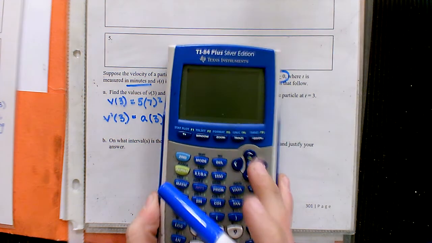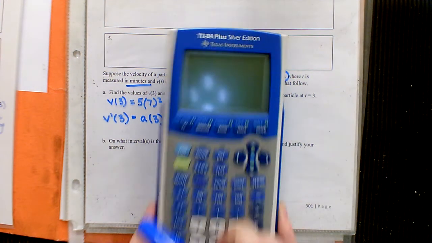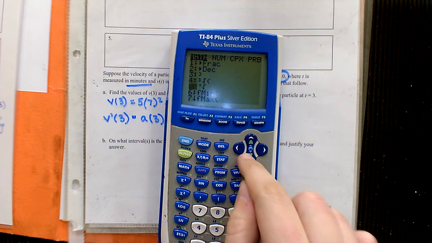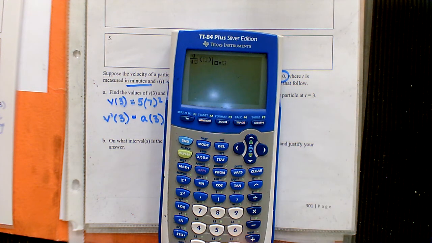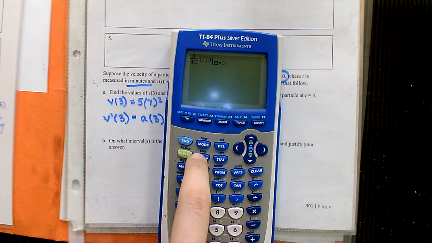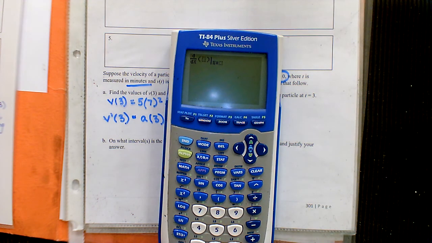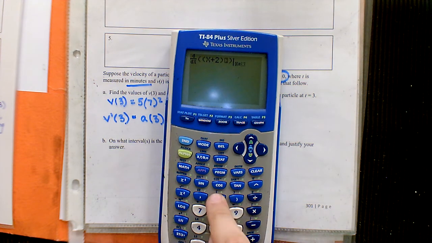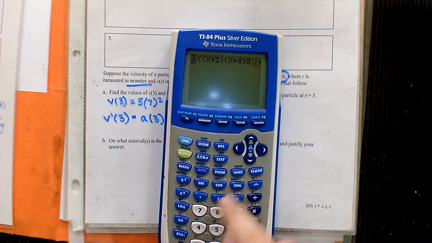Do you remember how to use the derivative command on our calculator? What buttons? Math, number 8. First box is always x. Middle box is always the function you want to take the derivative of. So we're going to type in our velocity function.